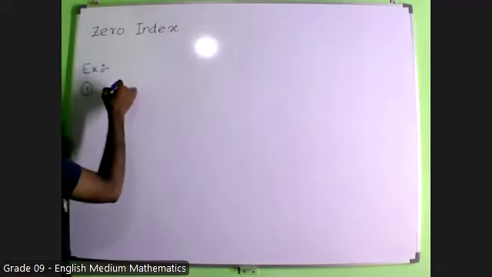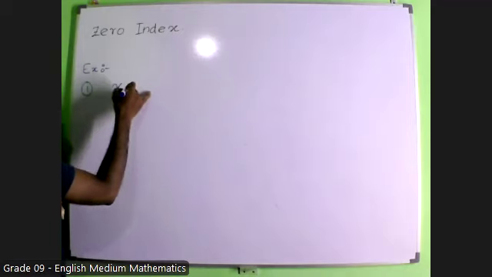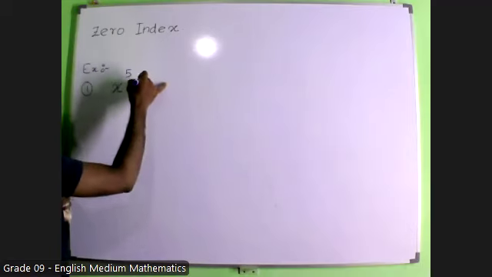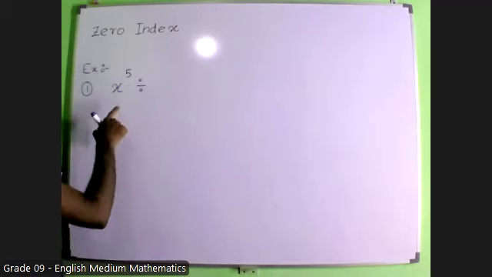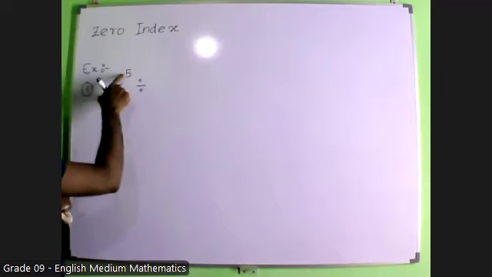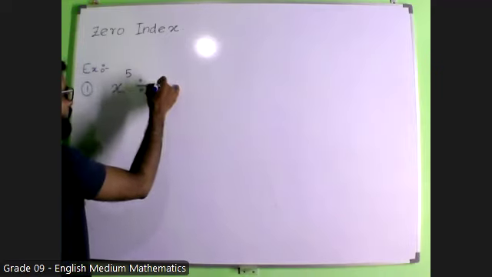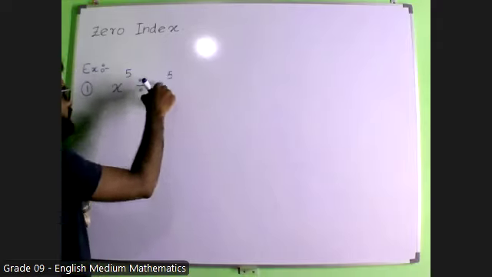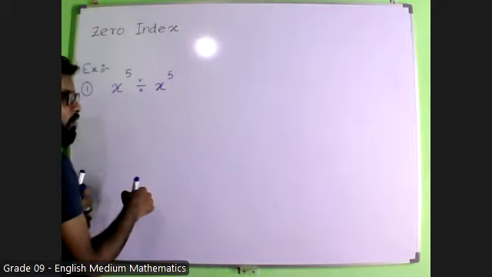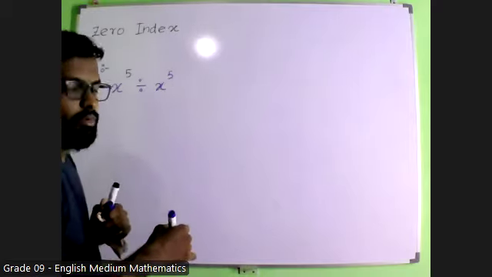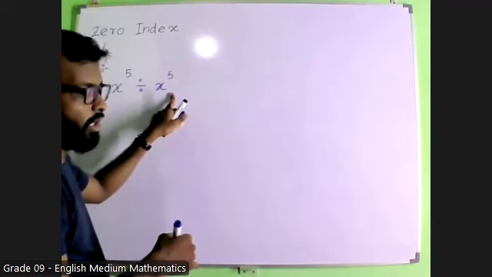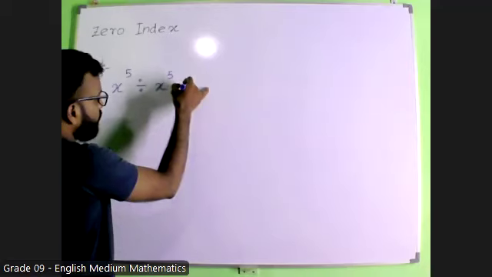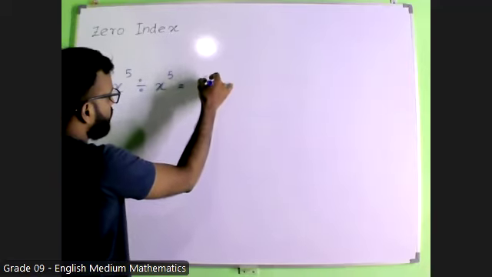I will take an example like this: x to the power 5 divided by x to the power 5. Now how are you going to write this? Sir, now we are going with the third rule, the subtraction.